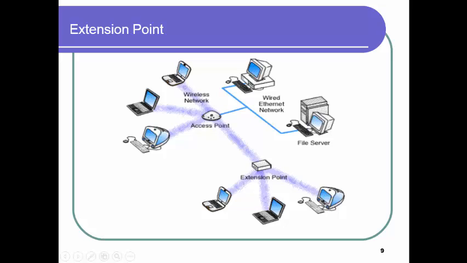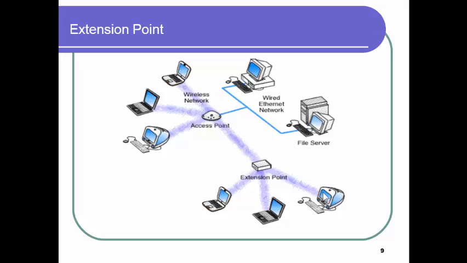And here we can see one more device, that is the wireless extension point. This particular extension point, or hardware, needs to be connected or configured with the primary access point in such a way as to increase the coverage area.